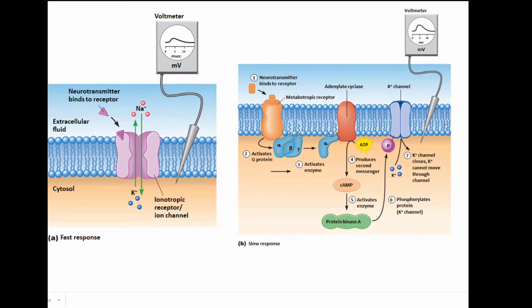Right. So to figure this out, we would look here at number 7. What's going on with the actual channel that we are eventually triggering. So we can see it's a potassium channel, but if we look closely, we can see that we're closing a potassium channel.